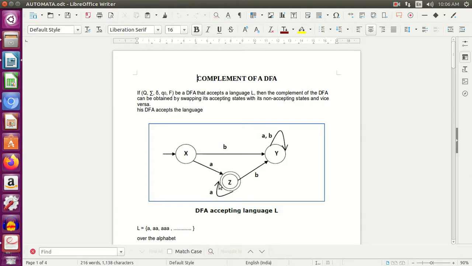You move to the final state, you get A's. After that, all are trap states. So it accepts A plus, the language which starts with A and ends with A. Basically A plus closure: the minimal string is A, and after that any repetitions of A.